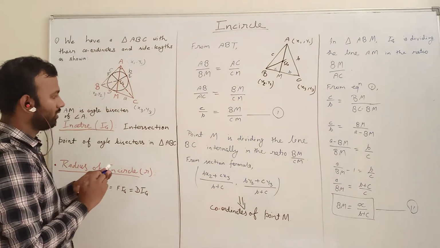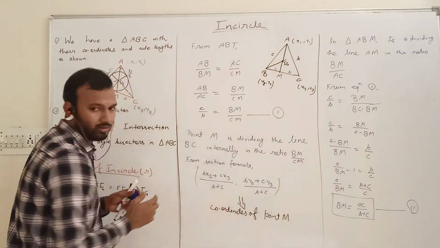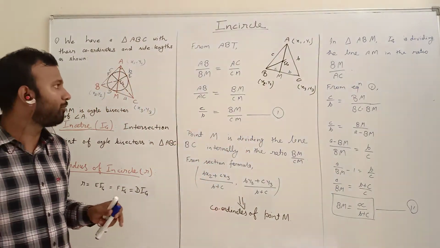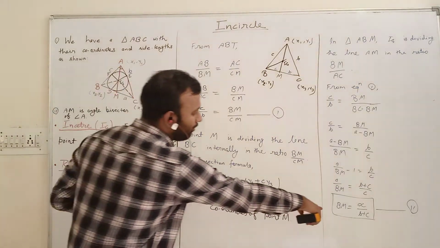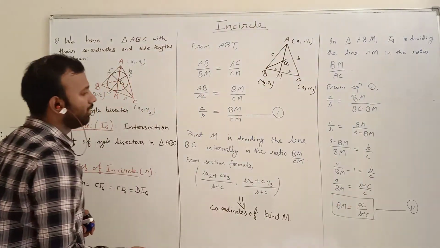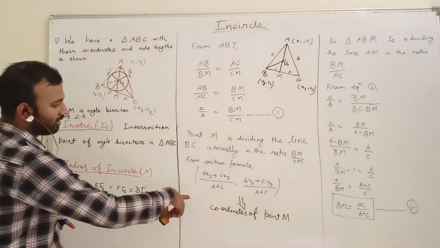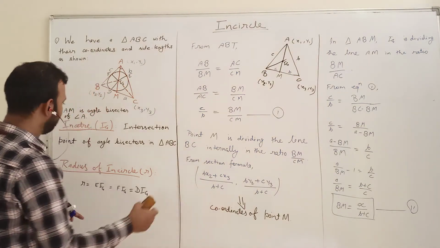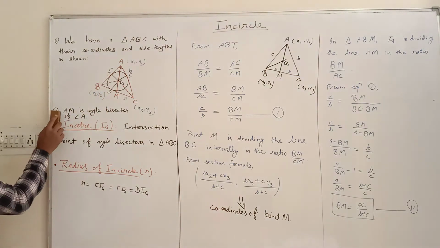Okay. So I'll erase this portion. As we have to prove, we have BM as AC upon B plus C, and this is the coordinates of point M. So I am just erasing this section.